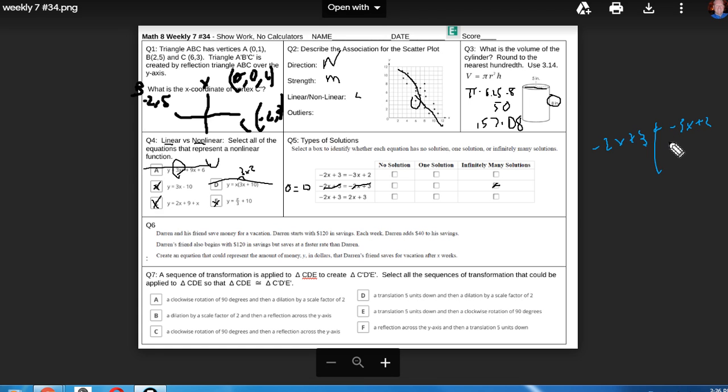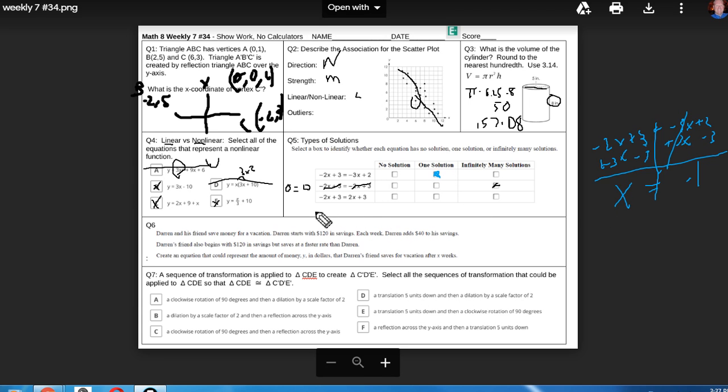Go ahead and solve. I'd add 3x, add 3x. So that cancels. Subtract 3, subtract 3. This is going to give me negative 1, this is going to give me x. So x equals negative 1, so that's one solution.